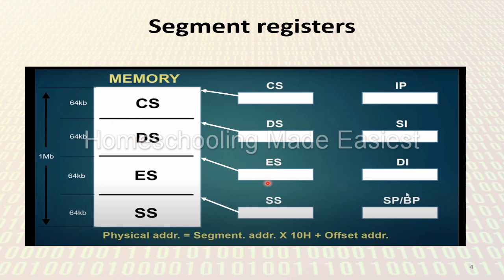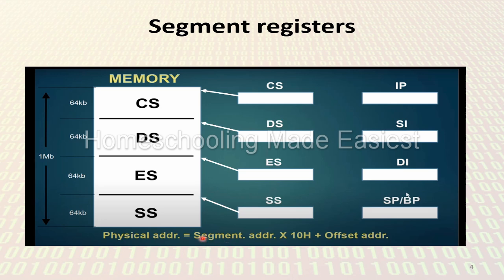The extra segment register holds the starting address of the extra segment of the memory, and the stack segment register holds the starting address of the stack segment of the memory. So we have to know where our item resides in the memory, and this is our formula to calculate the physical address.